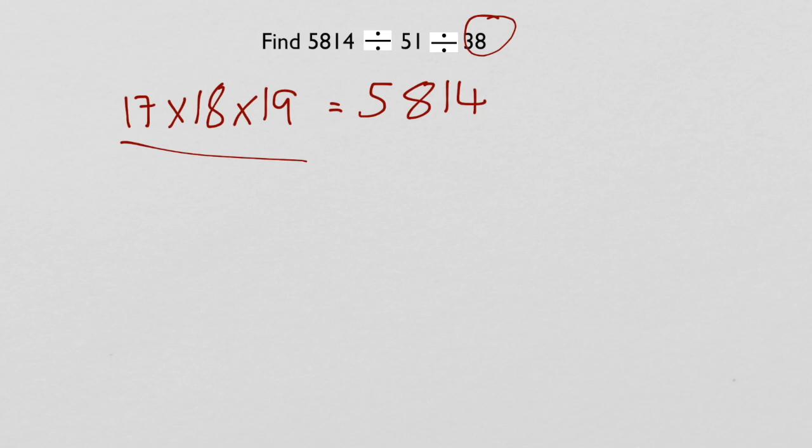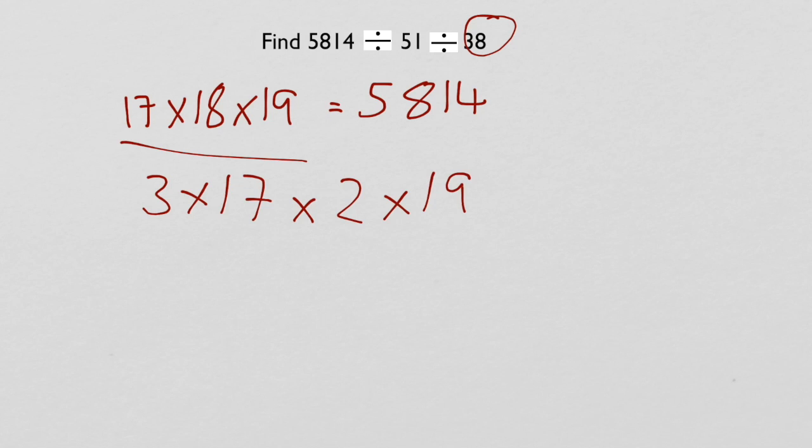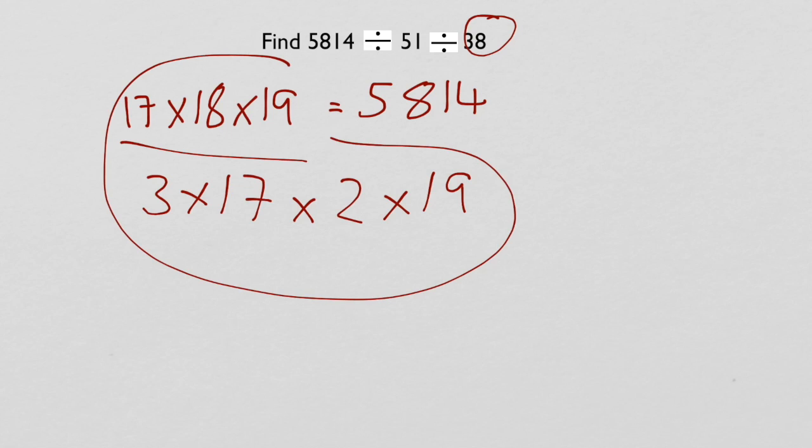So 51 is 3 times 17. So underneath I'm going to write 3 times 17, and 38 was 2 times 19. Okay, so we have this situation here. Let's see if we can do some cancelling down. Whenever everything is linked to a multiple with a times in between, we can simply cancel what is the same.